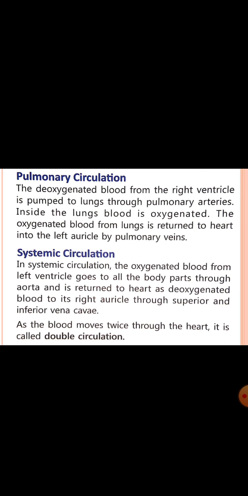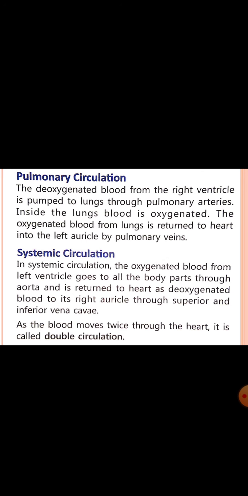First of all, pulmonary circulation. The deoxygenated blood from the right ventricle is pumped to the lungs through pulmonary arteries, and inside the lungs blood is oxygenated. The oxygenated blood from the lungs is returned to the heart into the left auricle by the pulmonary vein.